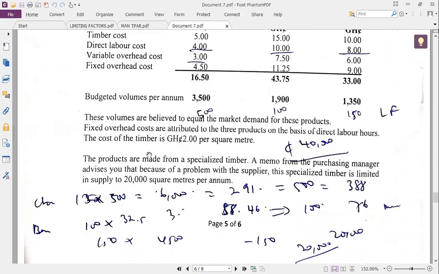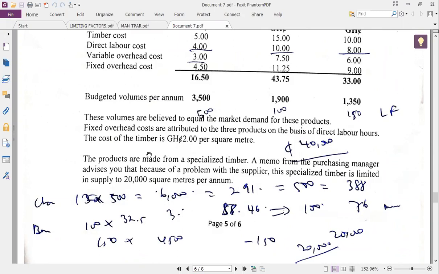So basically, that is the two approaches that we can adopt. Just that we can go ahead and calculate the total contribution at both ends. And then we look at the one that yields the maximum contribution. Then you select that one as the optimum production plan. Optimum, good.